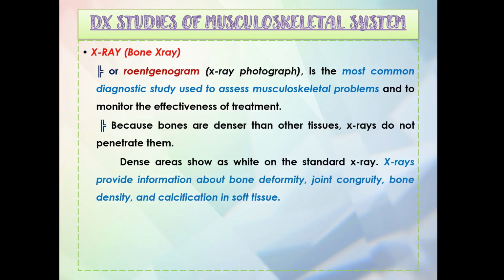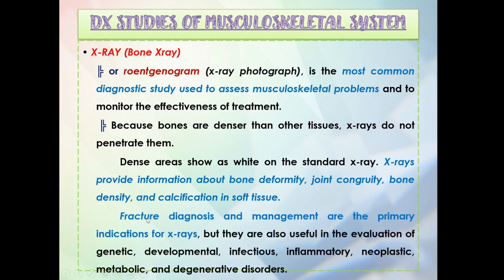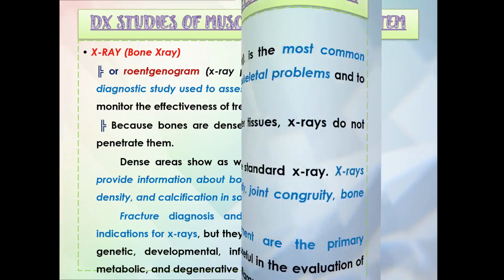So X-rays provide information about bone deformity, joint congruity, bone density, and calcification in soft tissue. So ito yung mga naibibigay na information ni X-ray. Fracture diagnosis and management are the primary indications for X-rays. So yun yung importance ni X-ray.